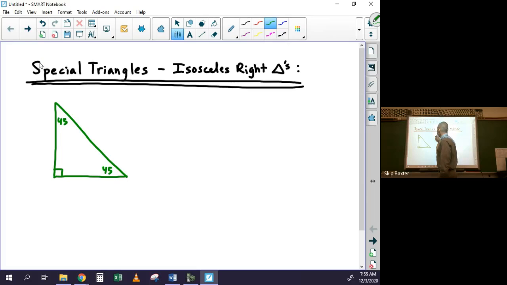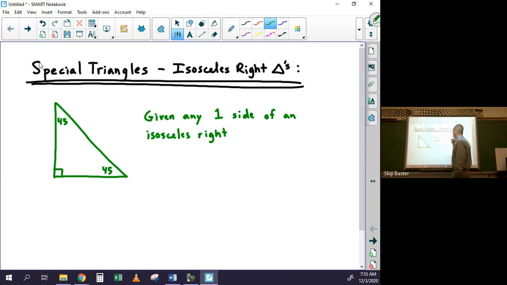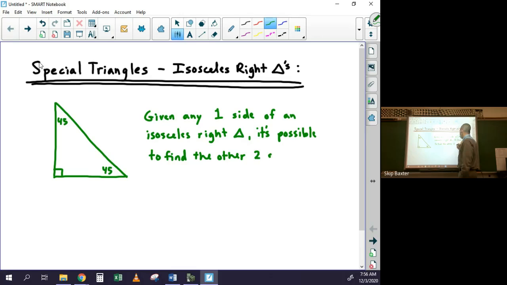So given any one side of an isosceles right triangle, it's possible to find the other two sides. Actually, in 3 ways.